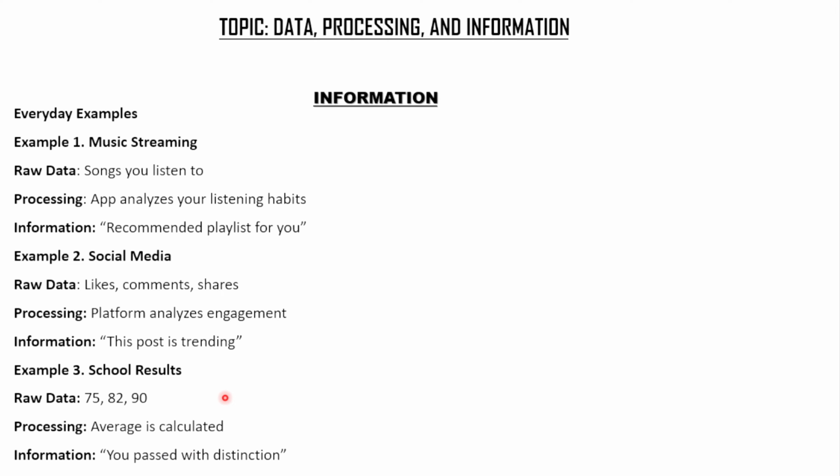So this is how we get information from raw input. Then it will be processed, then you get your final output so that it will be meaningful to you, right? Good.